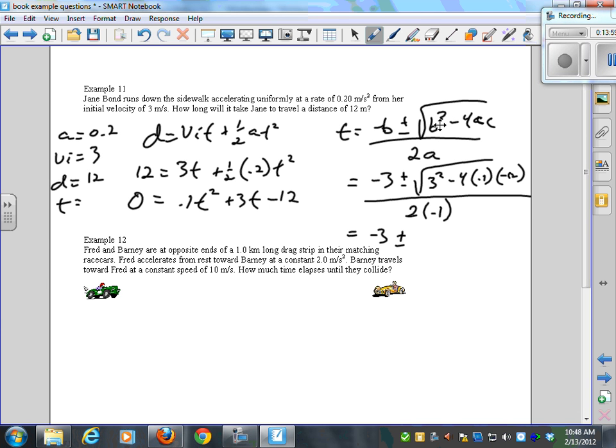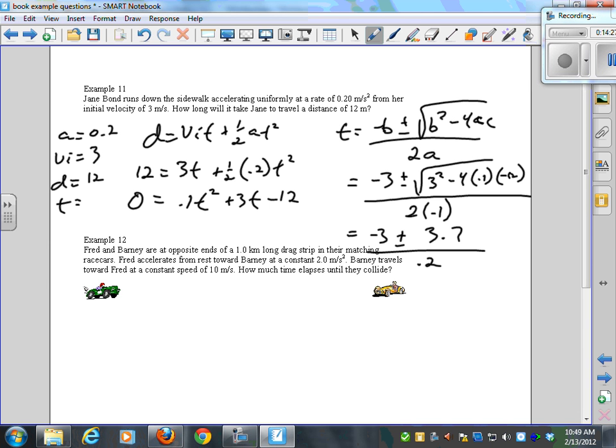And you should get, I get 13.8. You need the square root of 13.8, which I'm now going to take. So I get plus or minus 3.7, all over 2 times 0.1, which is 0.2. So it's minus 3 plus or minus 3.7 all over 0.2.